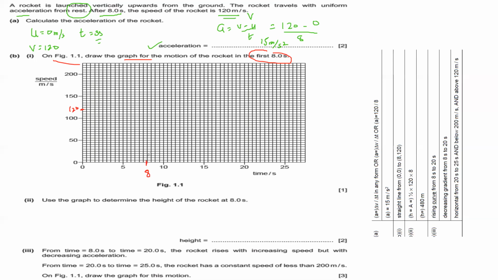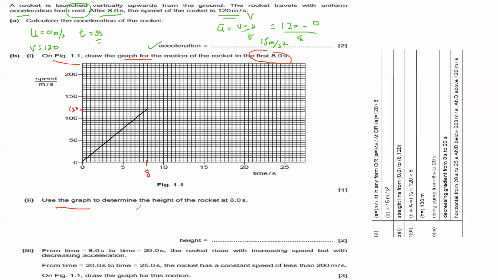So when the time is 8, the speed is 120. So it will be a straight line with a constant slope. So we completed this part of the graph: for the first 8 seconds the rocket had a constant acceleration.